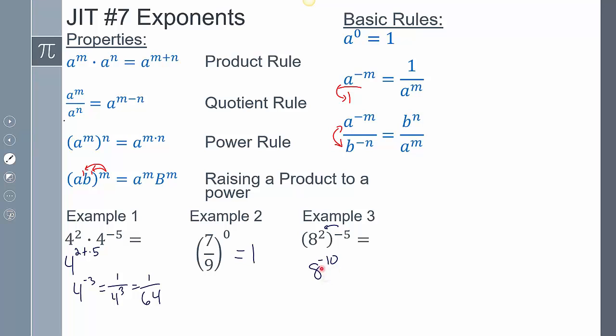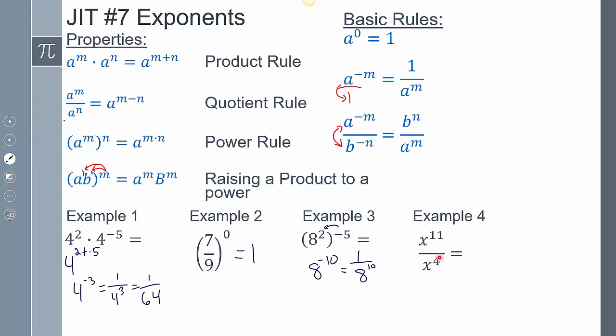And so this is going to be 8 to the negative 10th. Now we go back to this basic rule here. Whenever I have a negative exponent, I can flip it. And so I get 1 over 8 to the 10th. Now this is somewhere we'd use a calculator to help us simplify, but just know that that's sufficient.